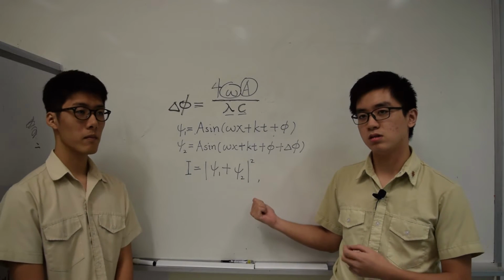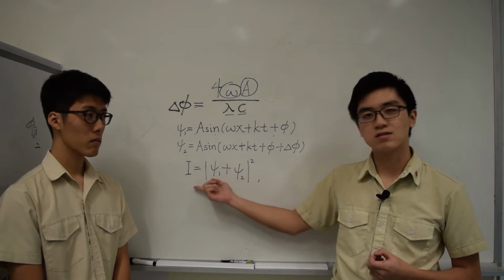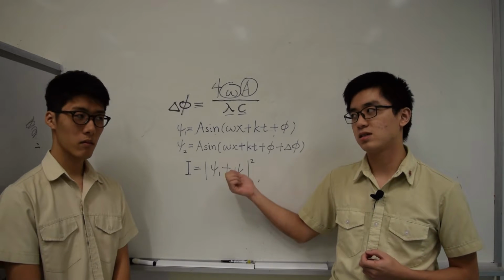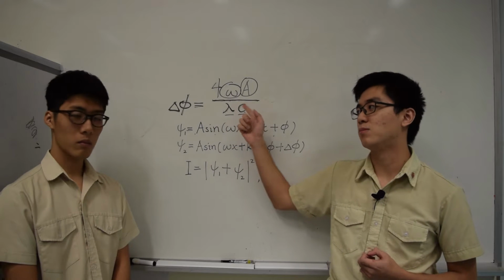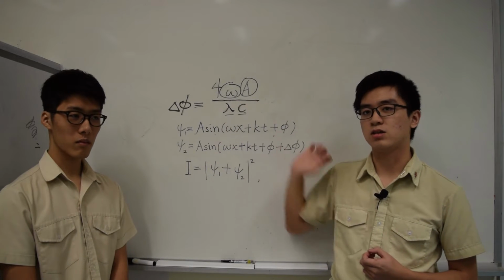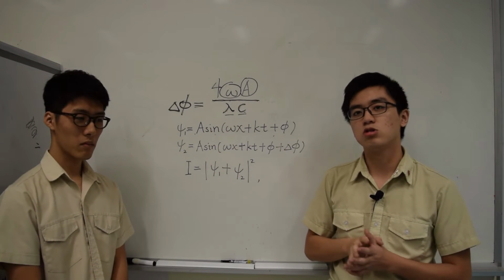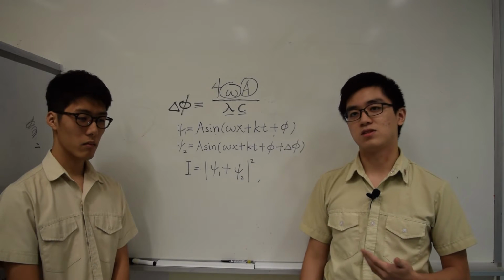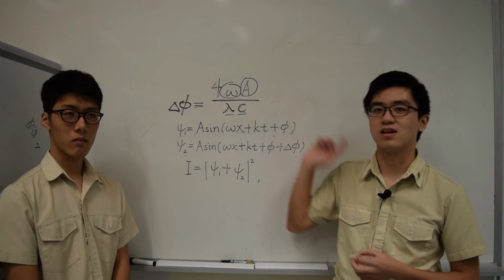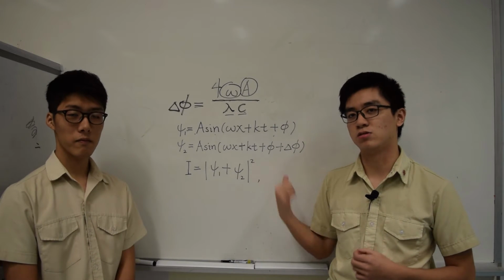After all this modeling, we found that the intensity of the recombined beam has a relationship with the phase difference, which is dependent upon the angular velocity of the setup. So we used this heuristic model to give us some statistical confidence in the Sagnac equation before we move on to the next step.